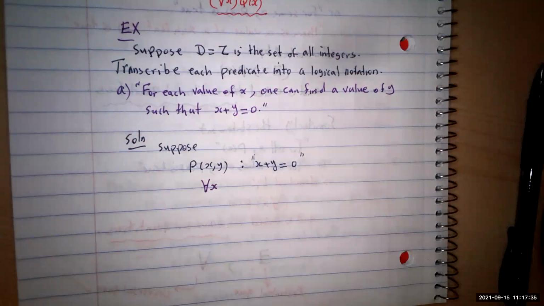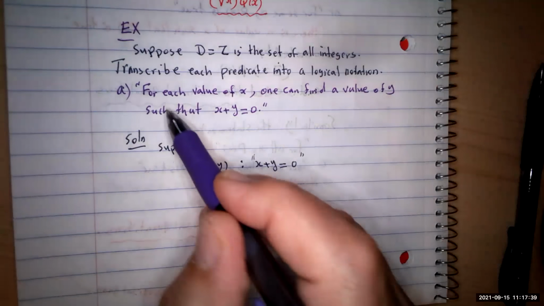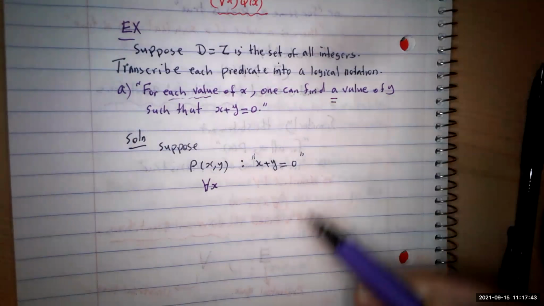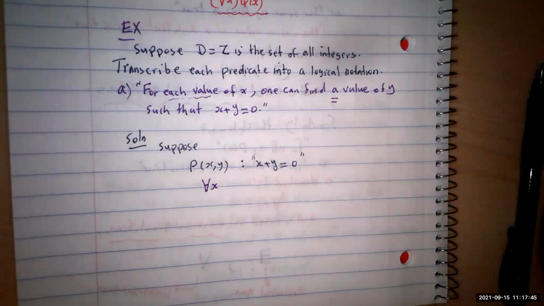This is for each value of x. This is the first one. Then for each value, one can find one value of y that satisfies this condition.